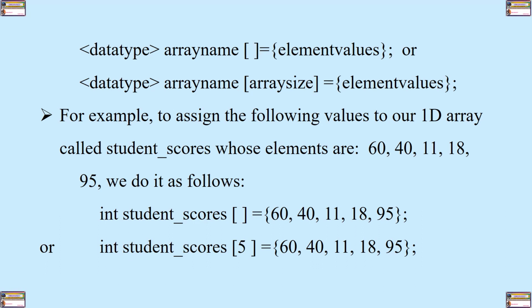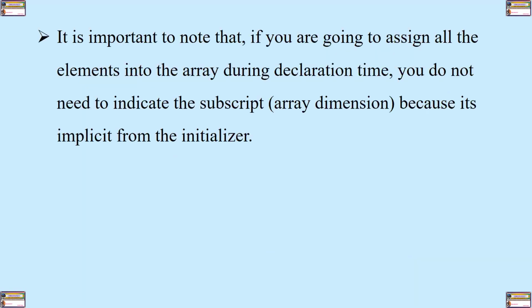We are still assigning an equal number of elements. So in this case, the subscript we have indicated is not really that important because we have already assigned all 5 elements. Otherwise, if you only assign 60 and 40, that will be okay, because the purpose of the subscript is to inform the compiler of the size of the array: how many elements are you going to store in it?